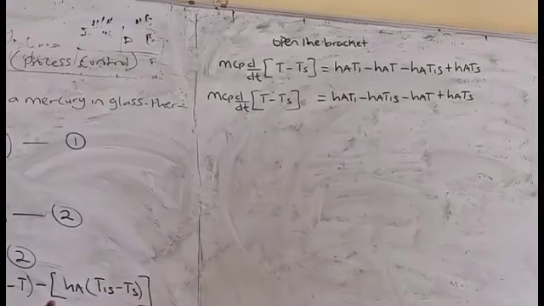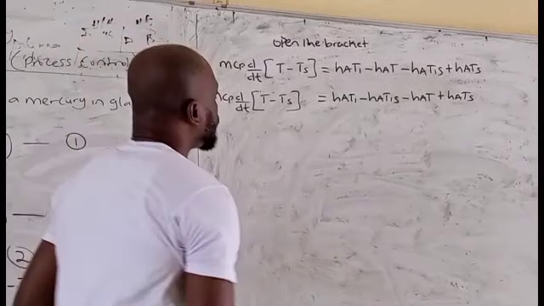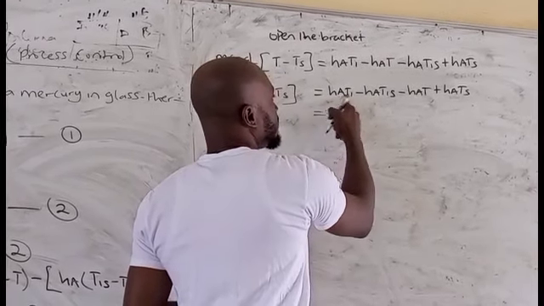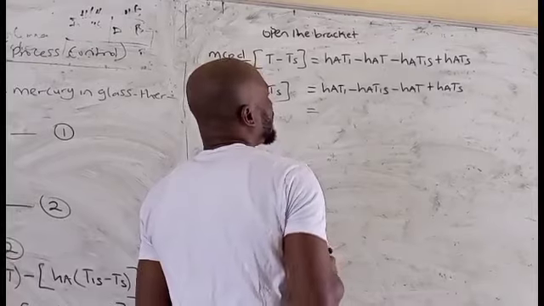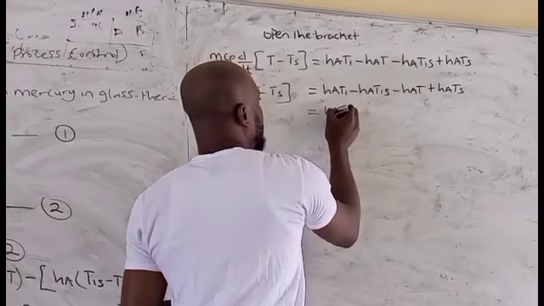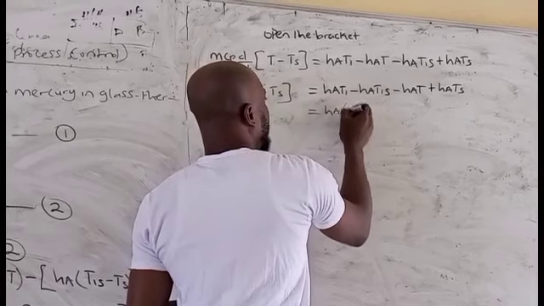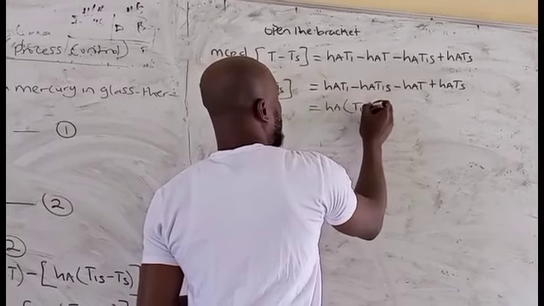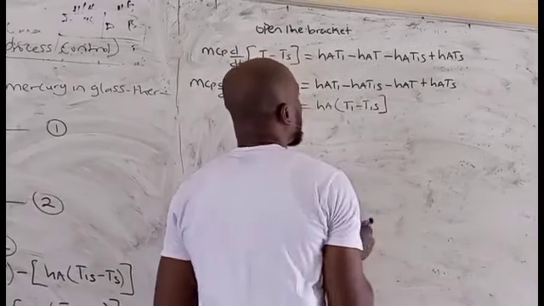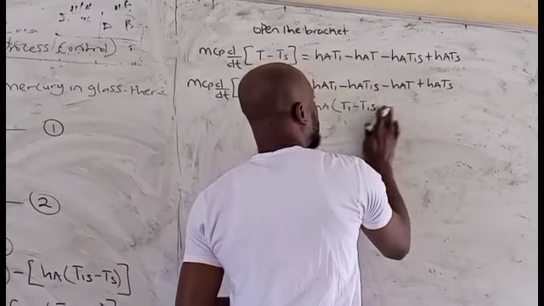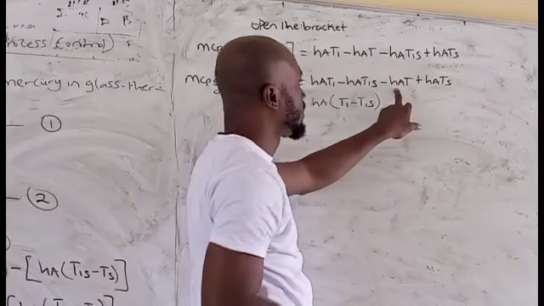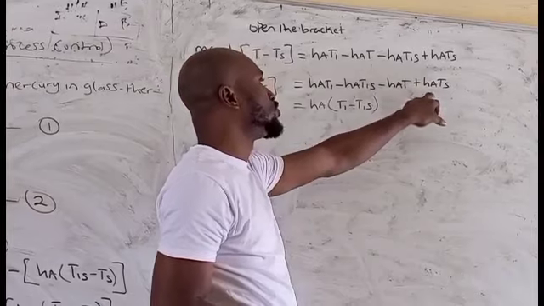So from here, if I factorize now, I have HA here, I have HA here. If I factorize, I'm going to have HA into (T1 minus T1s). Then for here, I have HA here, I have HA here.